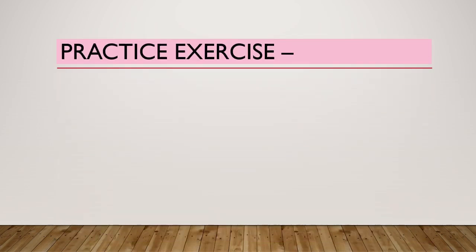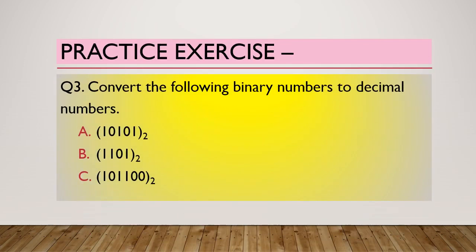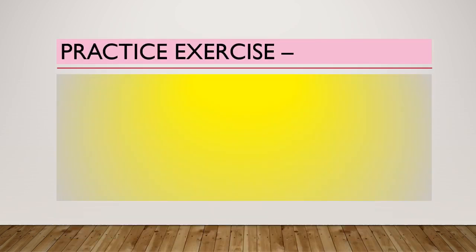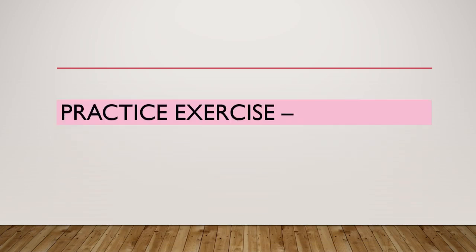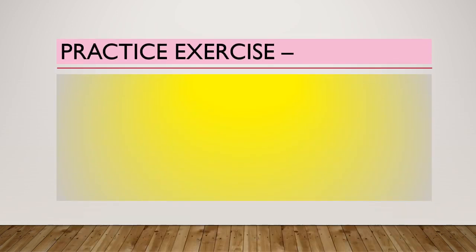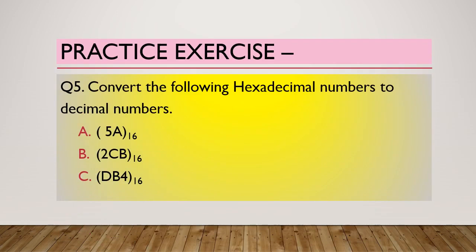There are three parts. The next question says to convert the binary number to decimal. Again, the next question is converting the octal number to decimal numbers. There are three parts. And the last one is converting the hexadecimal numbers to decimal numbers.